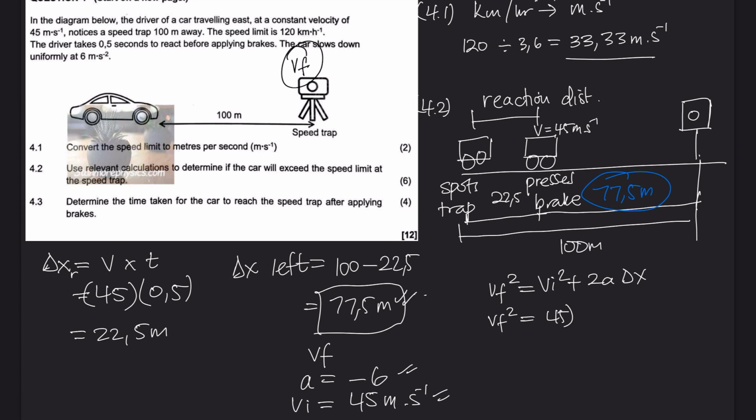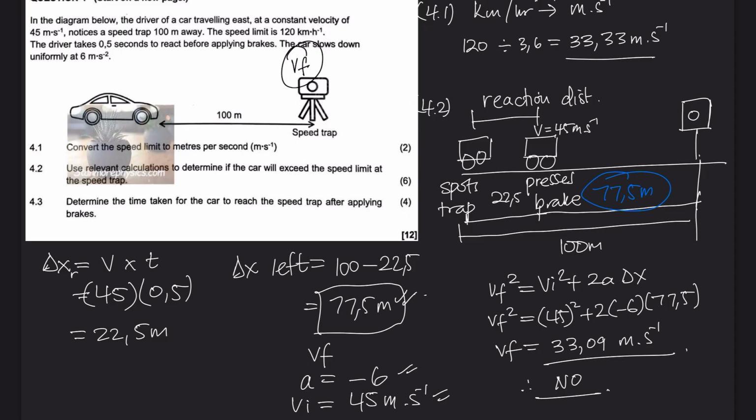VI is 45, and that's 45 squared, plus 2 into -6, and then the distance that the driver has left is 77.5. And then you solve for VF, and you're going to get a velocity of 33.09 meters per second, which tells us that when this driver reaches the speed trap, he's going to be traveling at a speed that is lower than the trap. So will the driver exceed the speed limit? The answer is no. He's not going to exceed the speed limit.